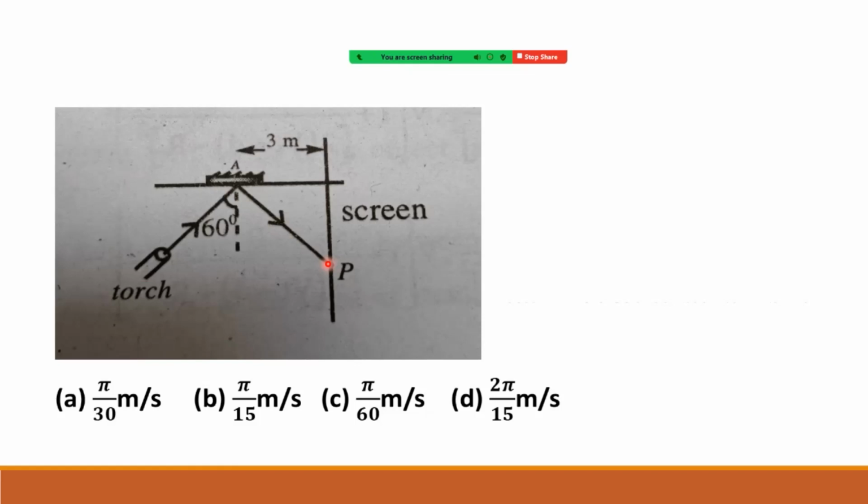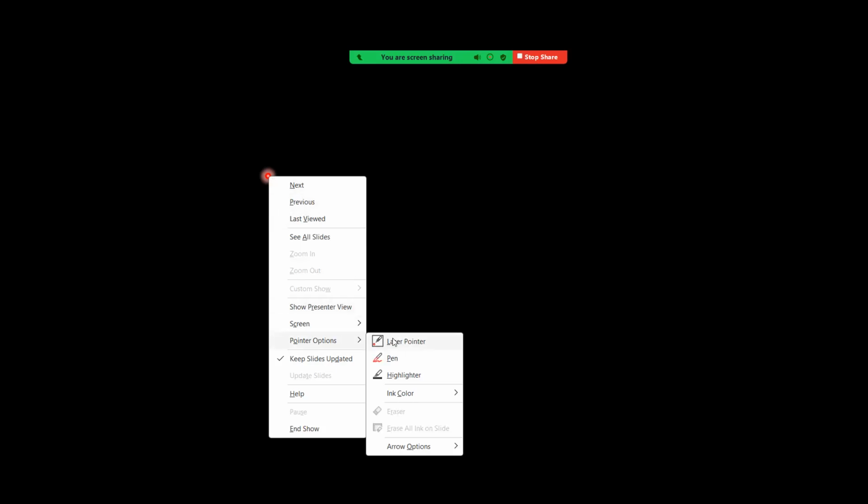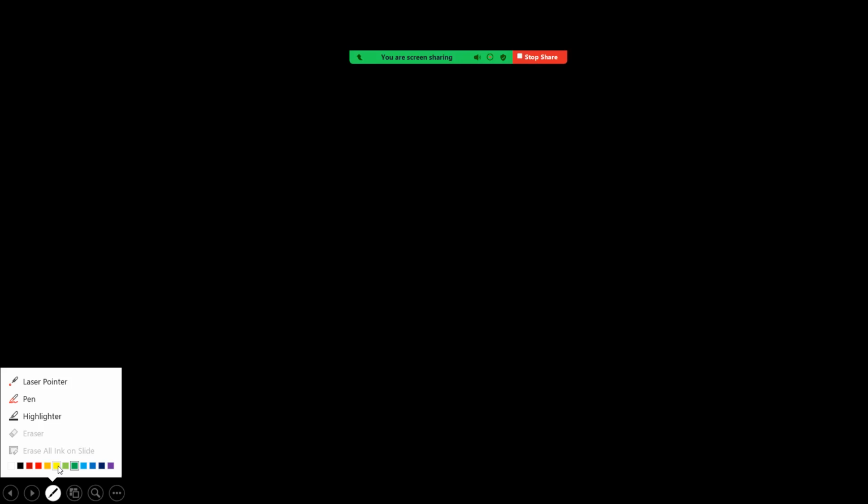And see carefully the definition of velocity. It is the rate of change of position vector, right? See how to start the problem. Let us make a diagram.